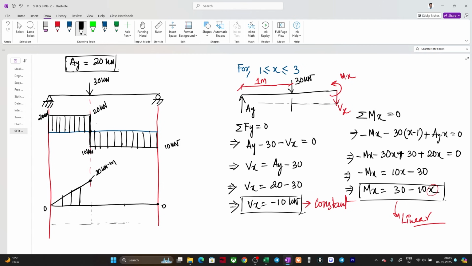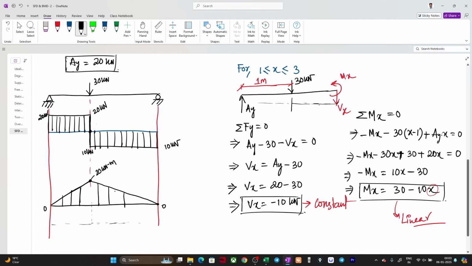So somewhere here we'll get 10 kilonewton meter. If you put values, it will again be an inclined line like this.